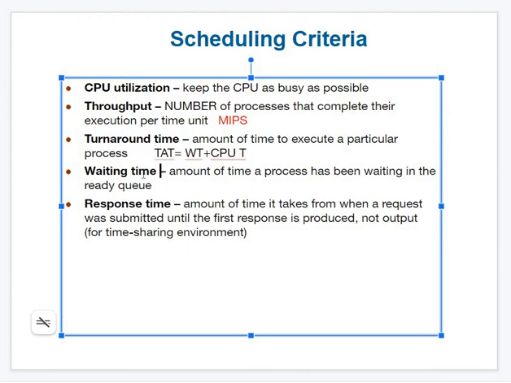Next, what do you mean by waiting time? Waiting time is the total time in which the user took time to give the data or took time to collect the result. In today's world, waiting time is much higher than the CPU time.